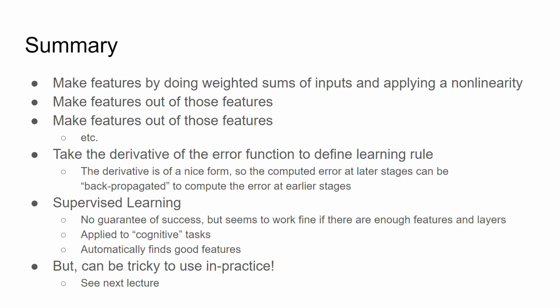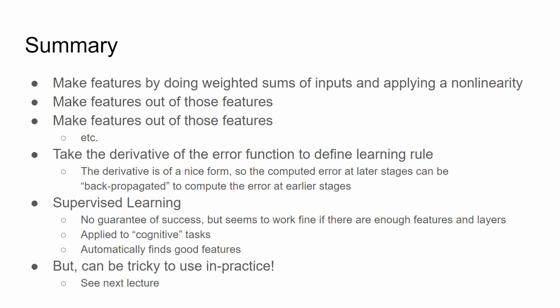So this ends up giving us a nice general approach to supervised learning. There's no guarantee of success. There isn't a nice proof that says, hey, this will always work. But it seems to work reasonably well as long as you have enough features and enough layers.